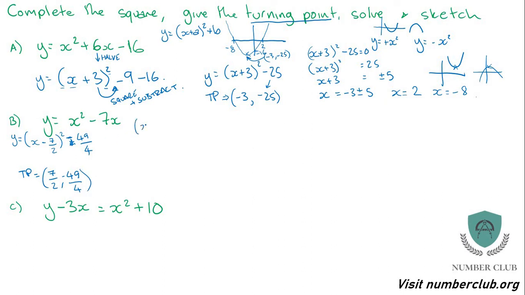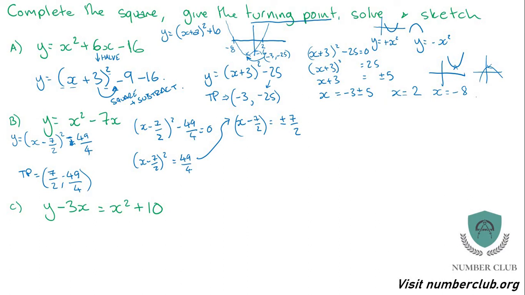So we'll have x minus 7/2 all squared minus 49/4 is equal to 0. We'll have x minus 7/2 all squared equal to 49/4. We'll square root this, so we end up with x minus 7/2 equals plus or minus 7/2.